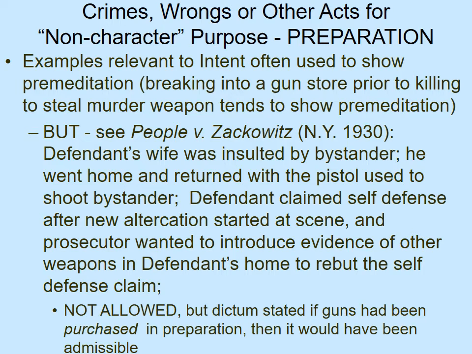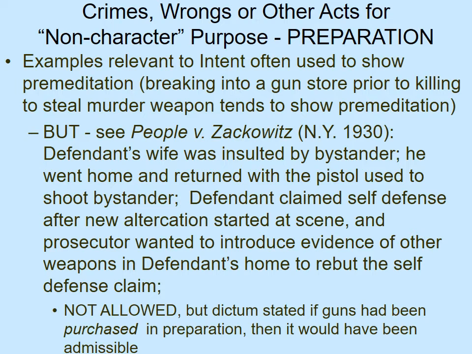So sometimes using the preparation purpose can also go along with proving intent. So one case I found was about a defendant who was accused of assault, and he was claiming self-defense after a fight in a bar. And he was claiming self-defense, and the prosecution successfully got into evidence that he had actually put brass knuckles in his pocket before going into the bar.